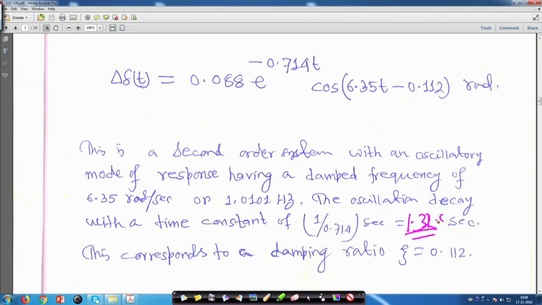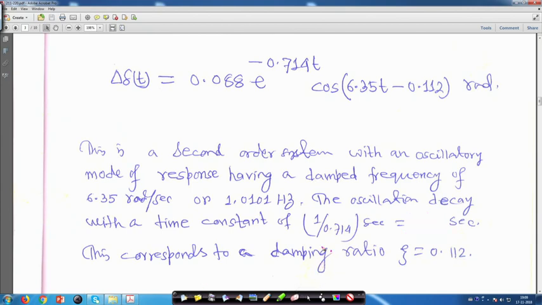I did not put it, I missed it actually, right. Because e to the power minus 0.714 t is coming, the time constant will be 1 upon 0.714. So, roughly 1.3 or 1.32 seconds, right. This corresponds to a damping ratio xi equal to 0.112, right.